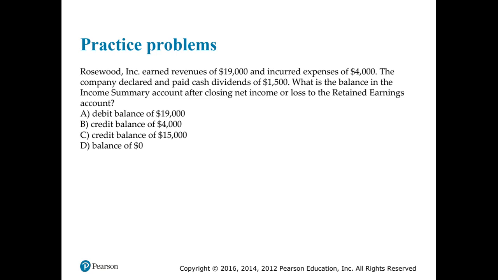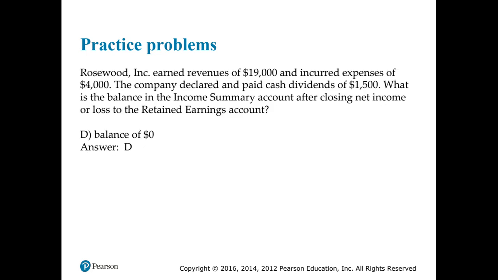Well, the income summary is where we're pulling all of the temporary accounts in, we're zeroing those out, and then we're going to take the income summary and zero it out and move it to retained earnings. So the balance in the income summary account after we close is going to be 0, because you're closing it out.